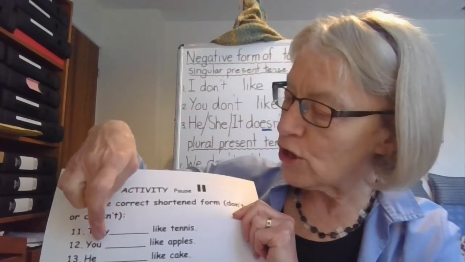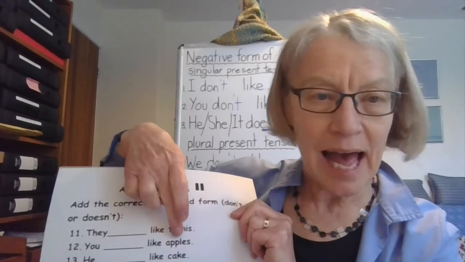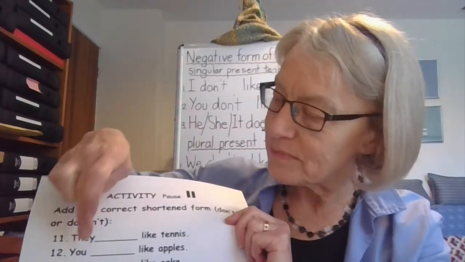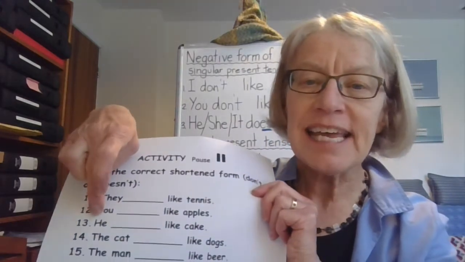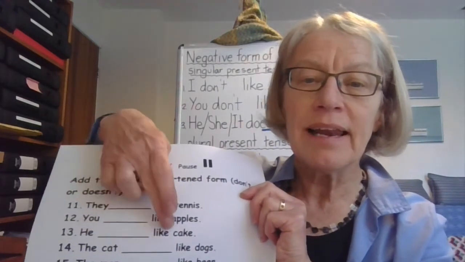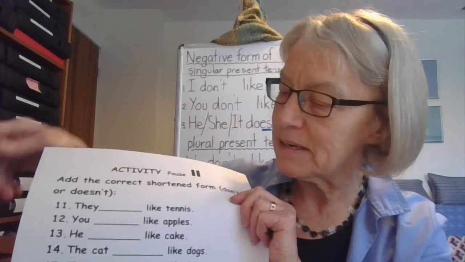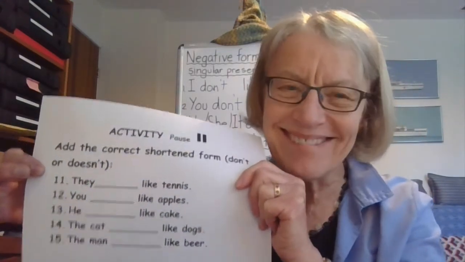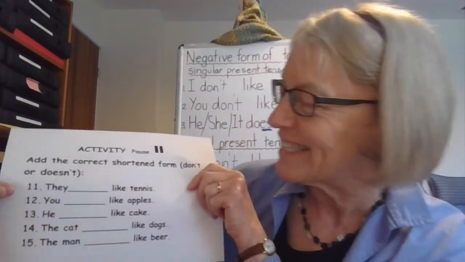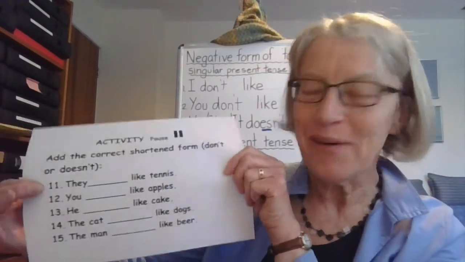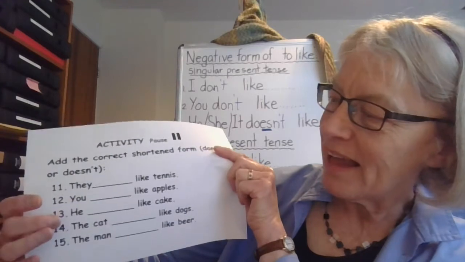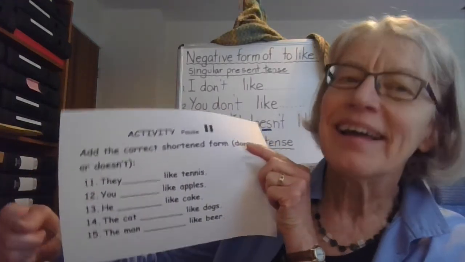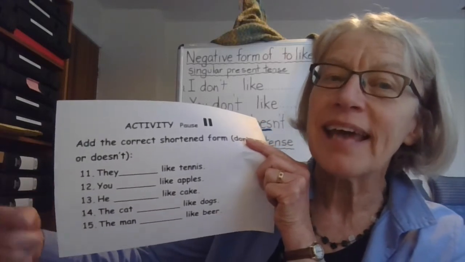Number 12. You like apples. Is it don't or doesn't? Number 13. He likes cakes. Is it don't or doesn't? Number 14. The cat. Now, I've put the cat, but the cat is it.